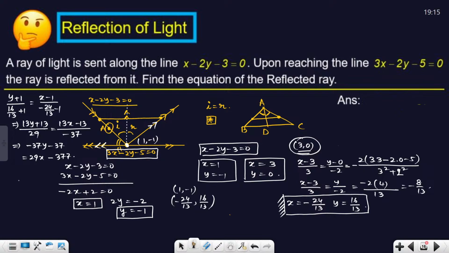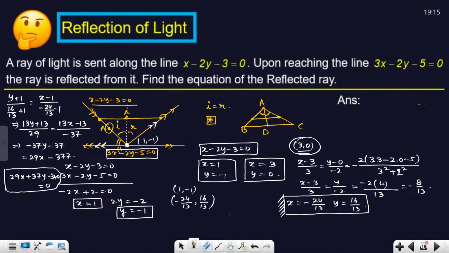The answer will be 29x plus 37y minus 340 equals 0. That will be the equation of the line.